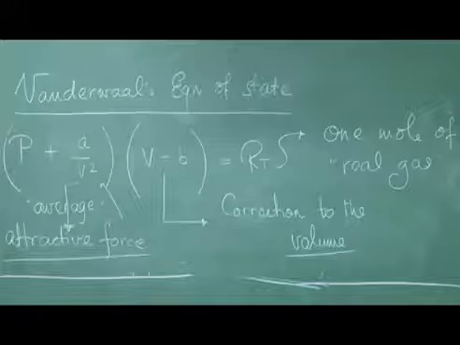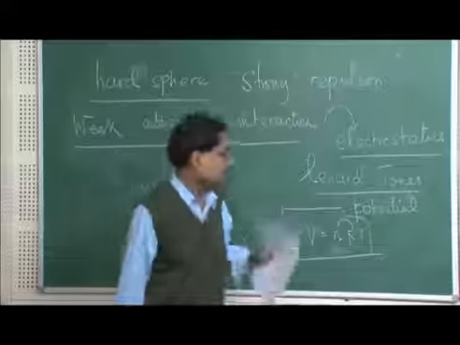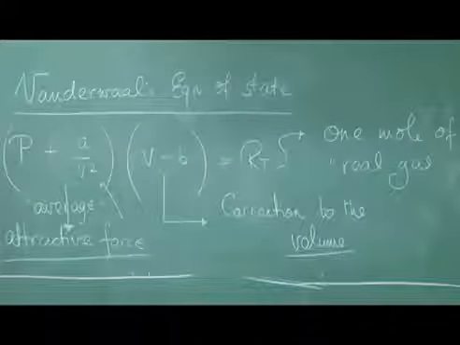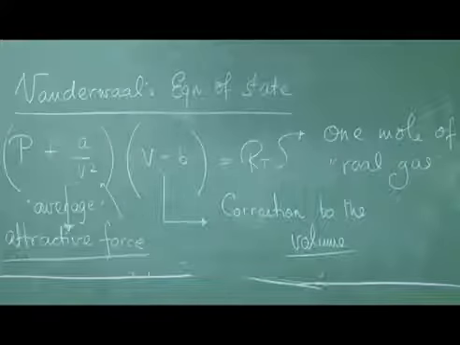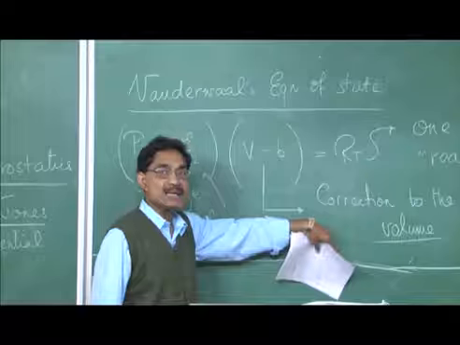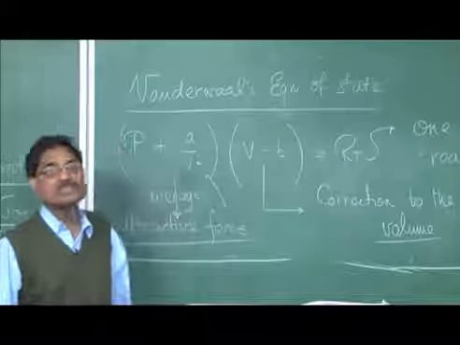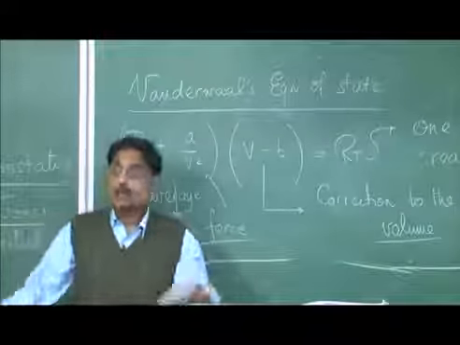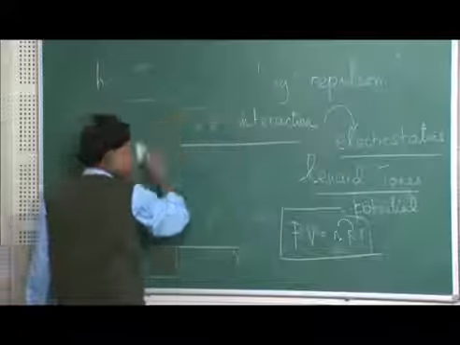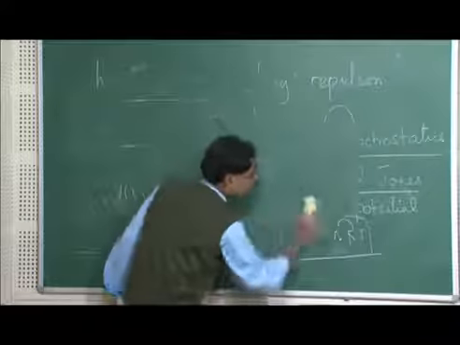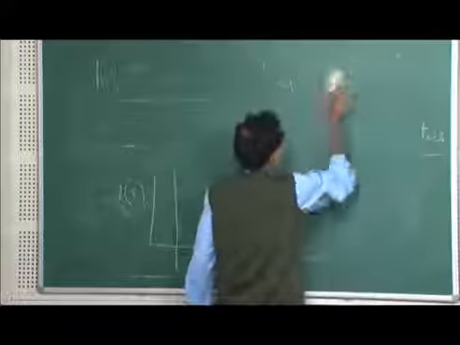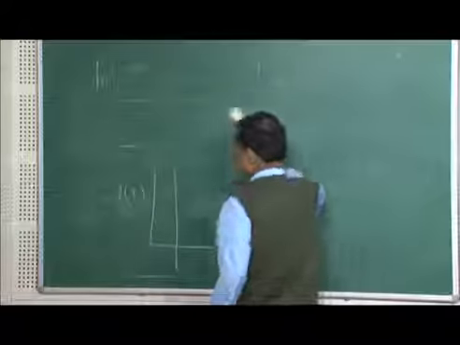Now, clean this part of the board, but what you have to bear in mind is that there is a correction to pressure arising due to the attractive weak force, and here there is total correction to the volume which takes care of total volume of the container that is excluded. It must be excluded because in van der Waals approximation we are considering molecules to be hard spheres.